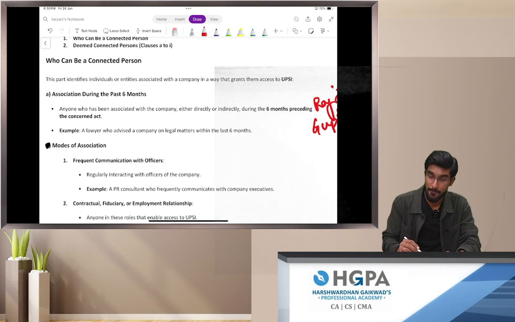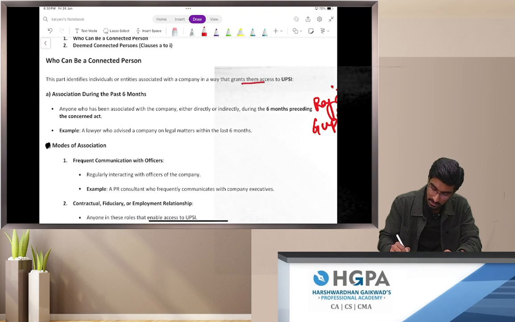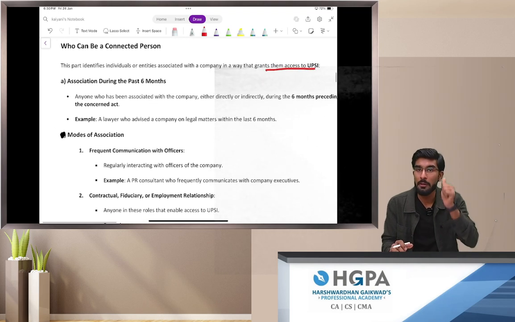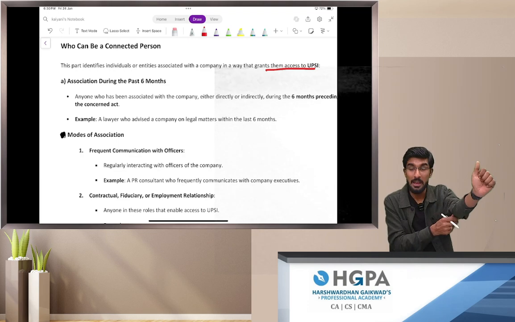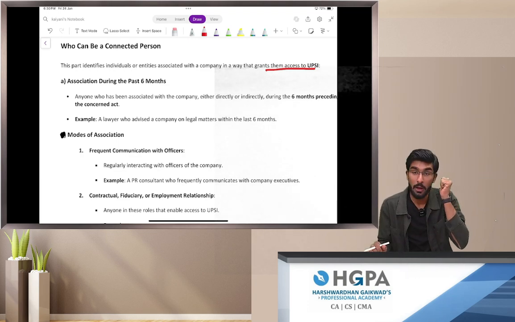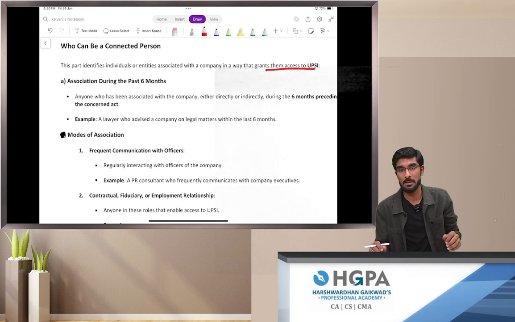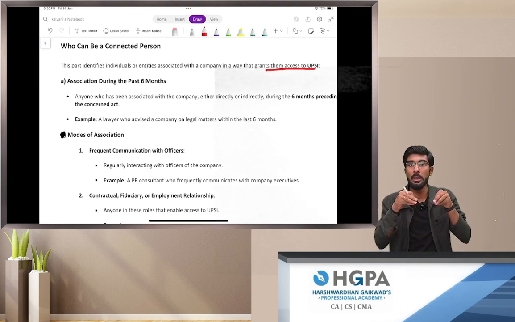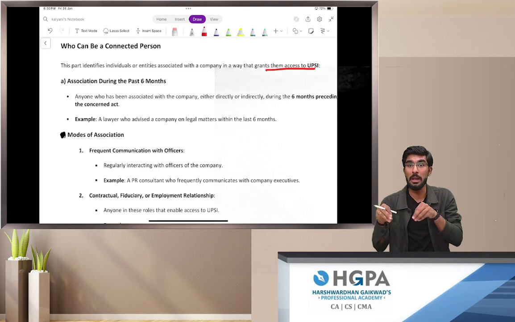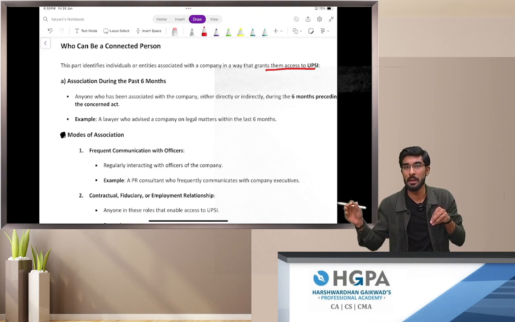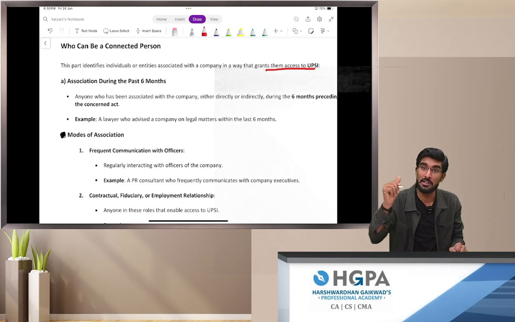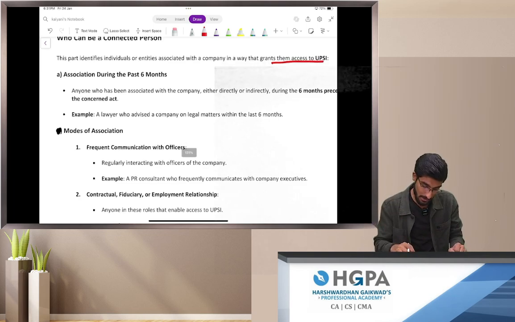This part identifies individuals or entities associated with a company in a way that grants them access to UPSI. The first criterion is he should be associated during the past 6 months. Rajat Gupta, even though he had shared the UPSI on 23rd September, that does not mean that after 6 months he will not be called a connected person.